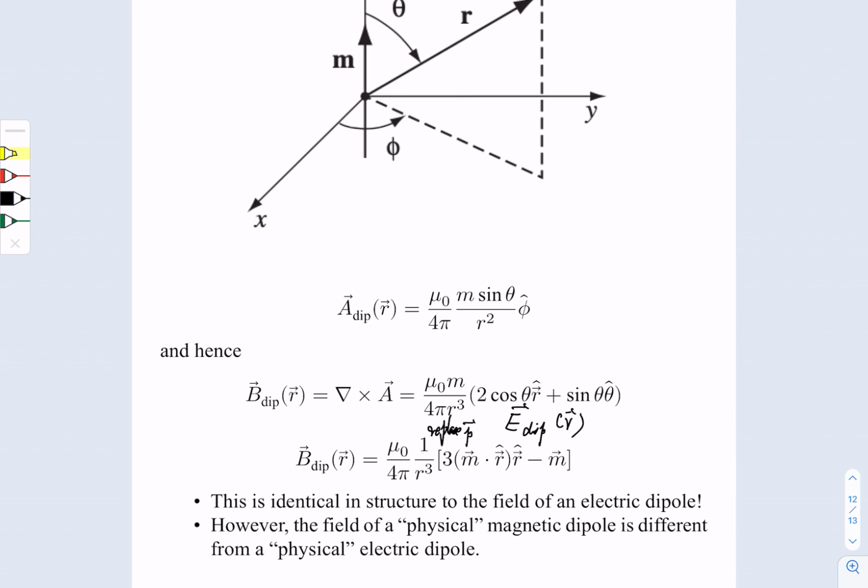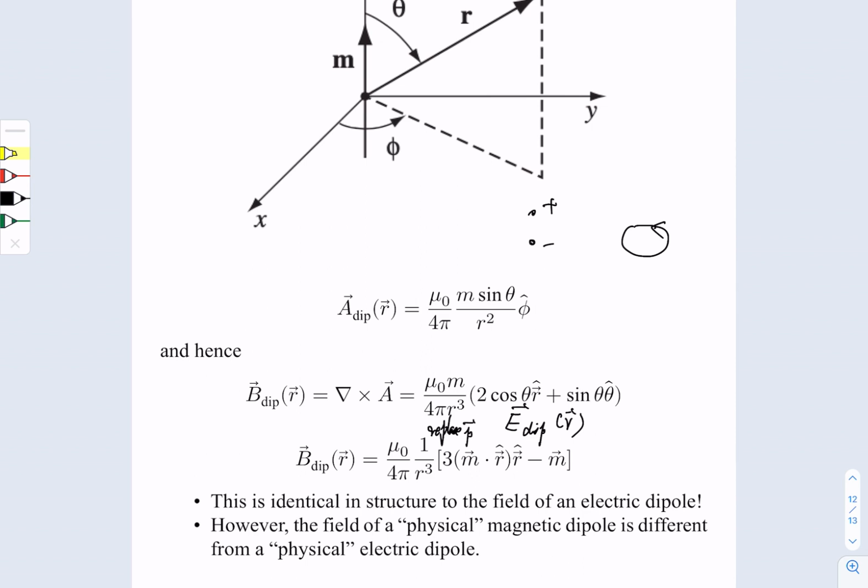But what you have to pay attention to is that a physical magnetic dipole can be represented by a loop of current, and a physical electric dipole can be represented by two point charges. The near field is quite different.